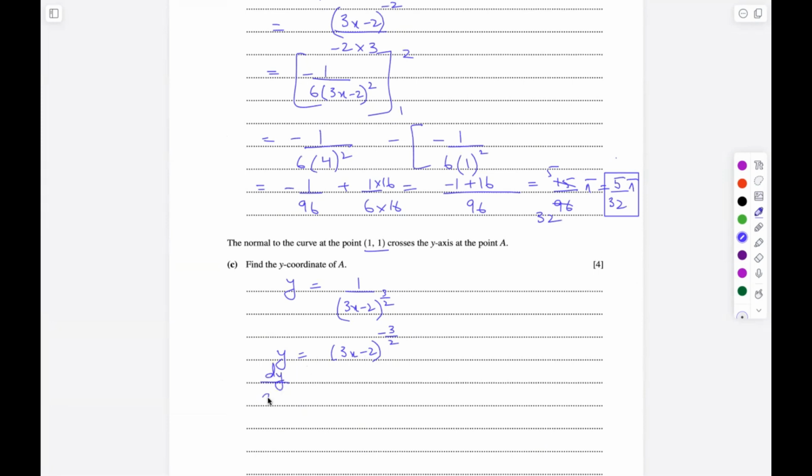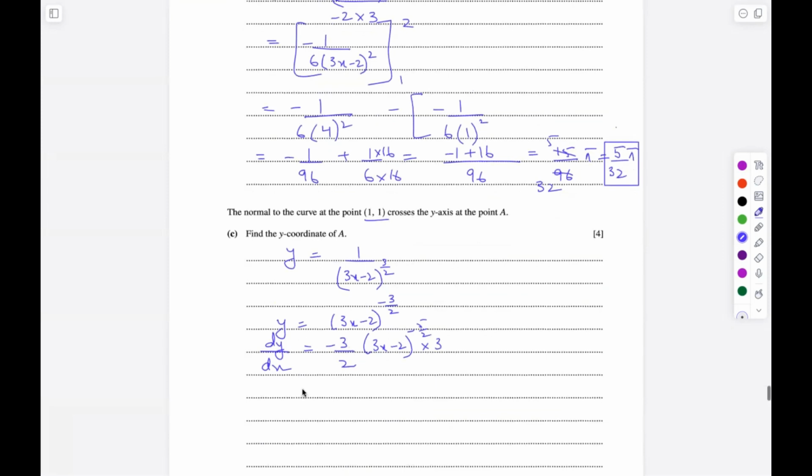Differentiating this, we'll get dy/dx equals to minus 3 upon 2. We will multiply with the coefficient. The power will decrease by 1. So minus 3 upon 2 minus 1 will become minus 5 upon 2. We'll multiply it by the derivative of 3x minus 2, which is 3. So simplifying this, we'll get minus 9 upon 2 into (3x minus 2) to the power minus 5 upon 2.